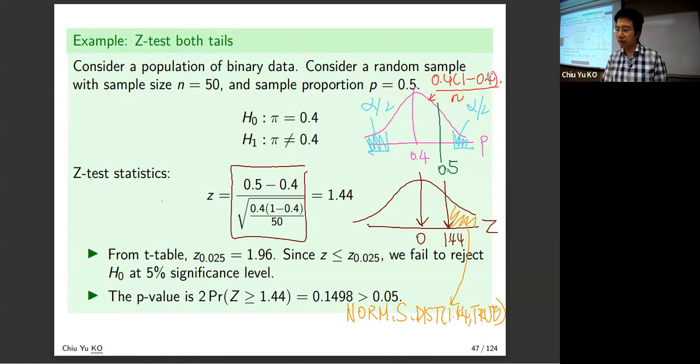This is the area on the left, and on the right it's 1 minus that. Then you multiply by 2 because you compare it with alpha over 2. Just to recall what the p-value is: you adjust the alpha such that this is just rejected. That is the meaning, and that's why you multiply by 2.